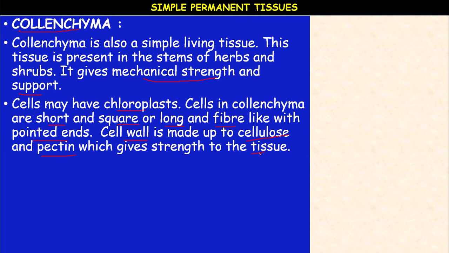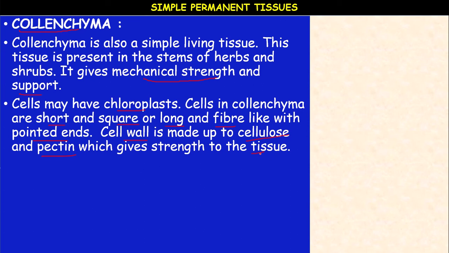That is why the thickening of the cells consists of pectocellulose. It provides mechanical strength to young dicot stems and petioles. Petioles means the stalk of the leaves. It gives flexibility to the organs, and it often contains chloroplasts for photosynthesis.